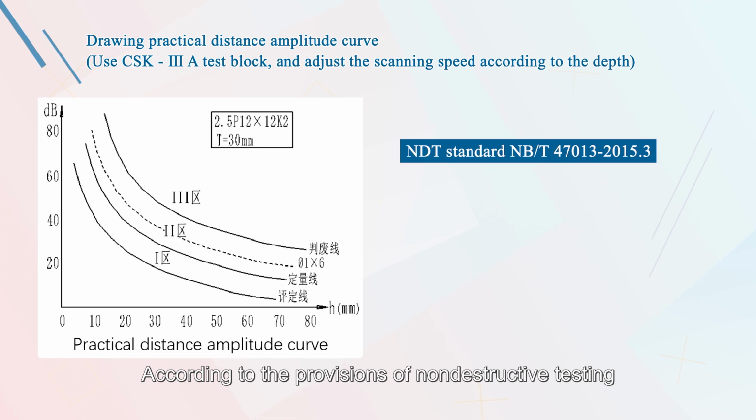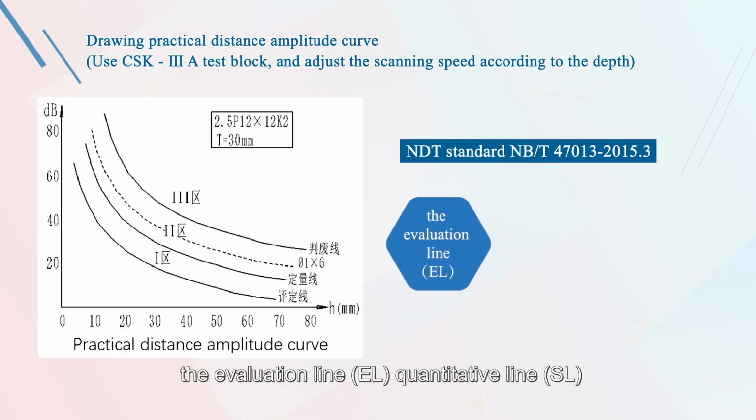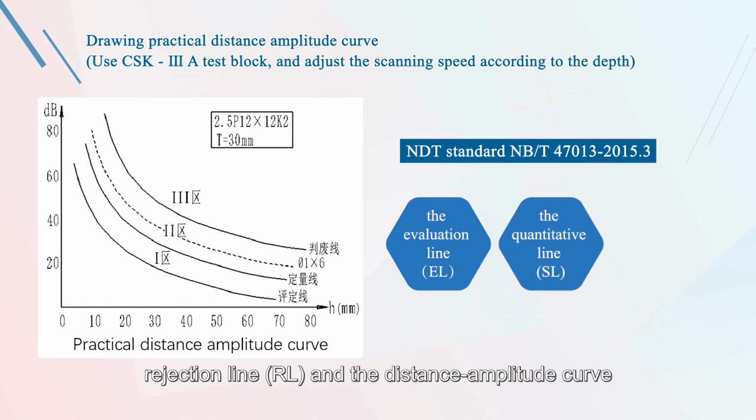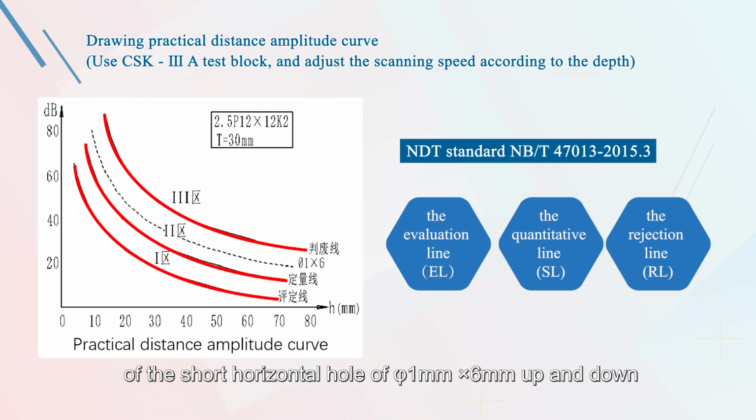According to the provisions of the non-destructive testing standard NB/T 47013.3-2015, the evaluation line EL, quantitative line, rejection line, and the distance amplitude curve position relationship of the 6 mm short transverse hole are specified. By adjusting up and down in dB relative to the Φ1×6 curve, draw the above 3 lines with the distance amplitude curve of the 6 mm short transverse hole.